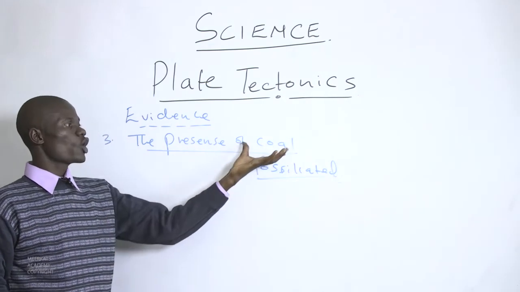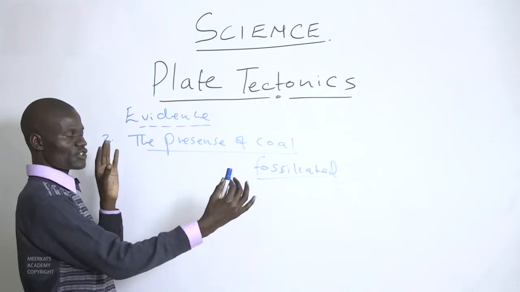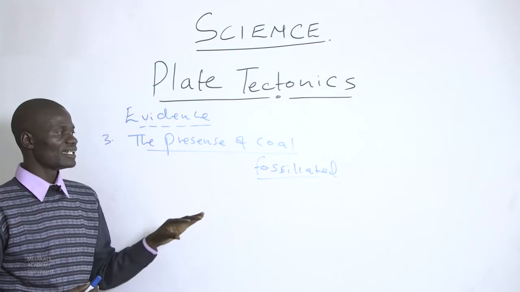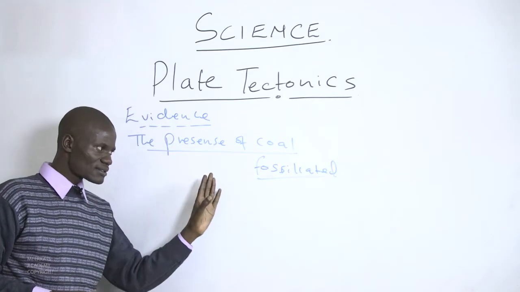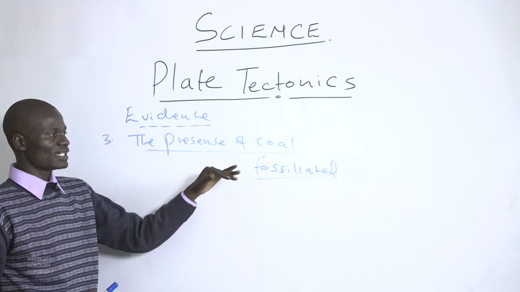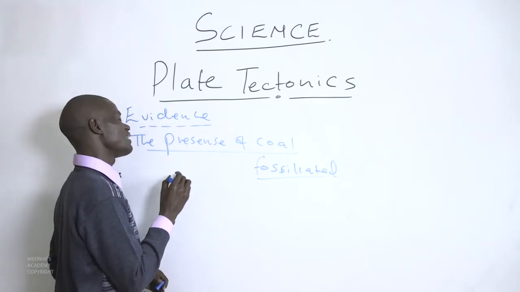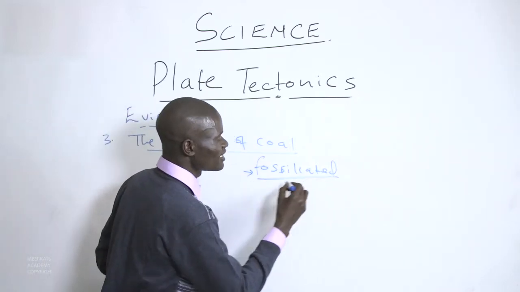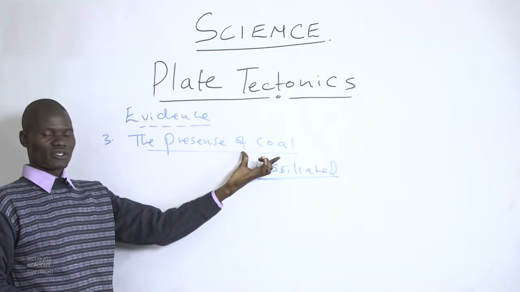When you look at the distribution of coal in various regions of the world, it gives an idea that this might have been in regions where there was warm climate, especially within the Arctic Circle regions, where the flora and fauna were growing, and upon being fossilized, they underwent burial, and that burial led to the formation of coal.